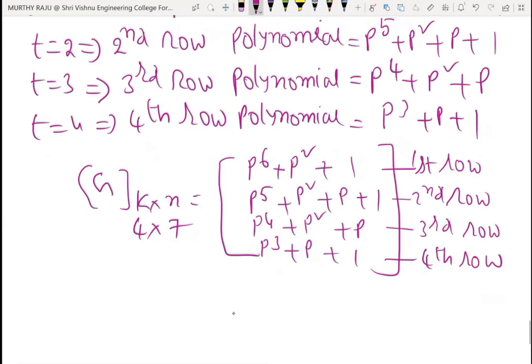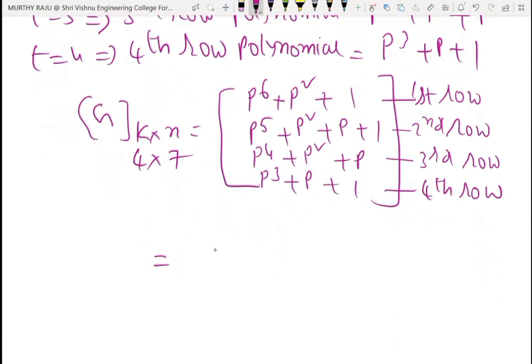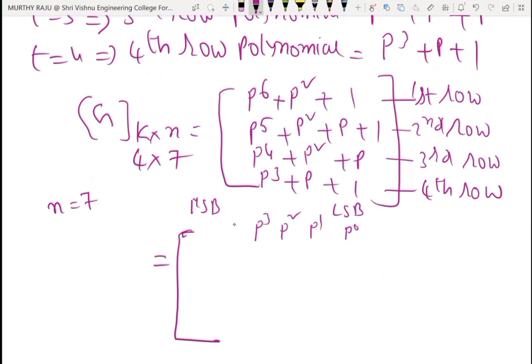Convert these polynomials into coefficients. Here n is equal to 7, so this end is the MSB representation and this end is the LSB, starting from p power 0, p power 1, p square, p cube, p power 4, p power 5, p power 6.